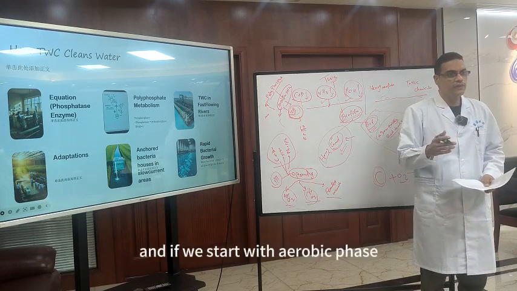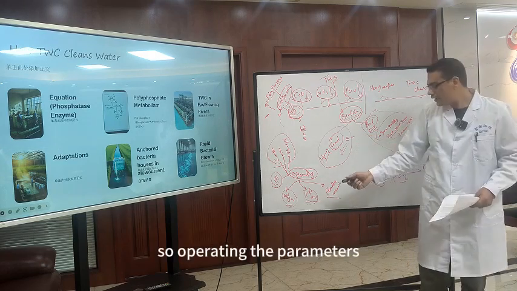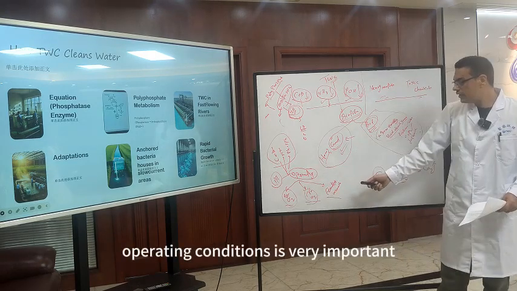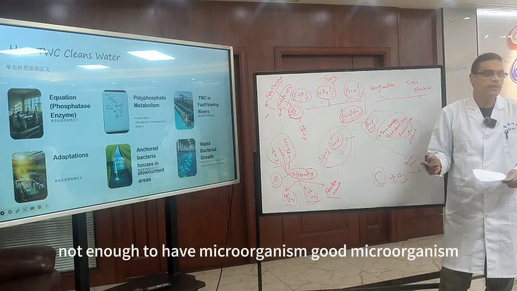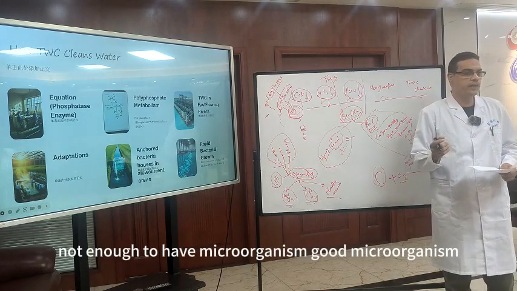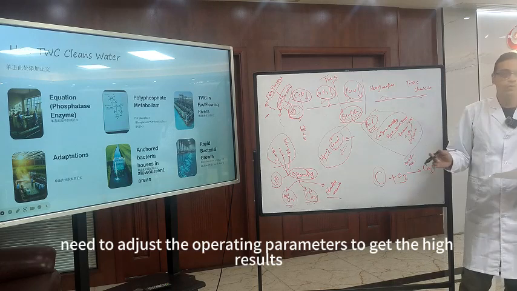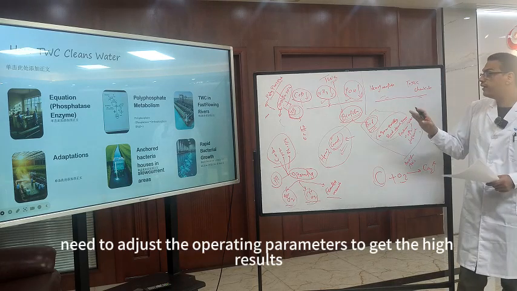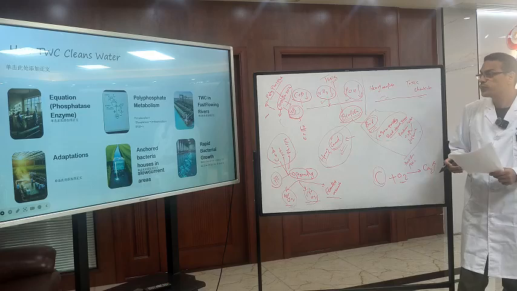If we start with an aerobic phase, then anaerobic, it will work for phosphorus. So the operating conditions are very important for good microorganisms to work. It is not enough to have good microorganisms, we need to adjust the operating parameters to get high efficiency for water quality.